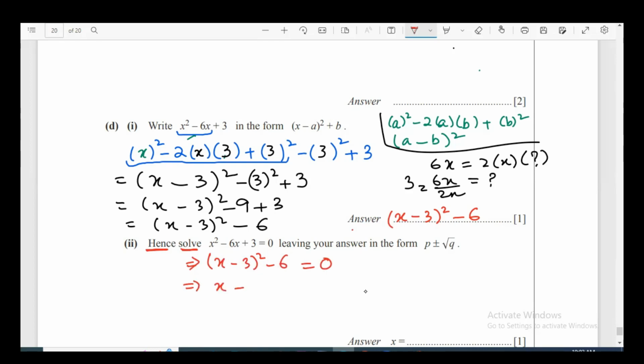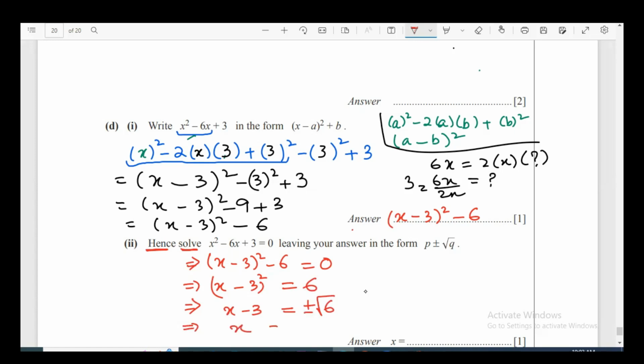Now, x minus 3 whole square equal to 6. Shift the square to the right side, it will be plus minus square root of 6.